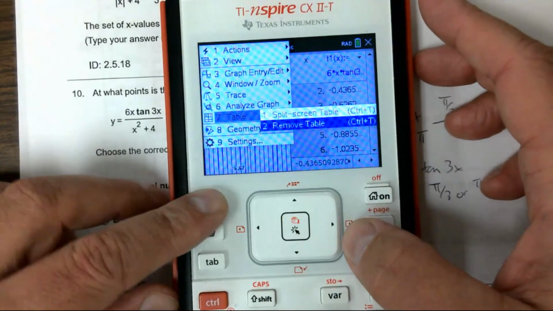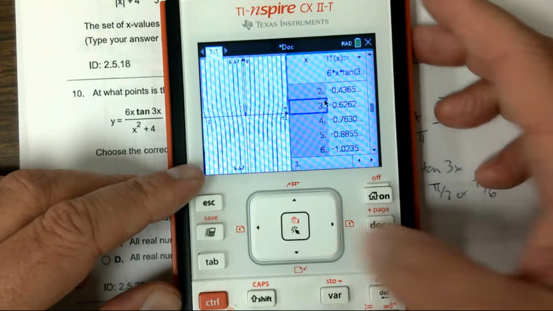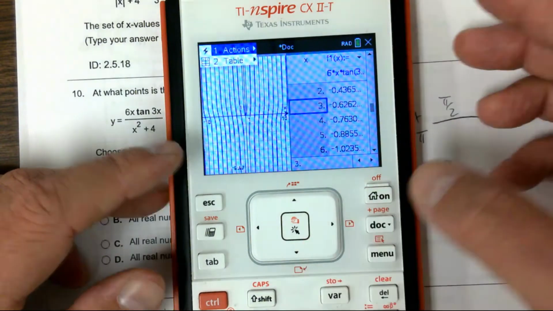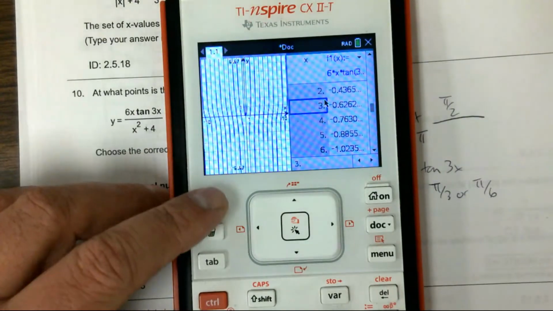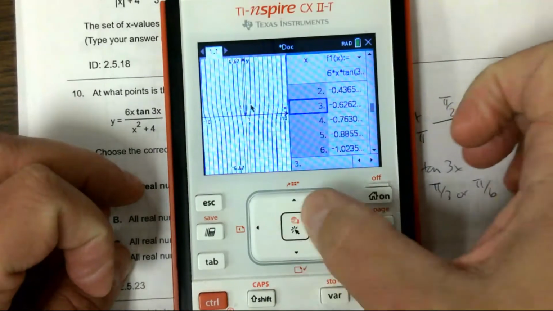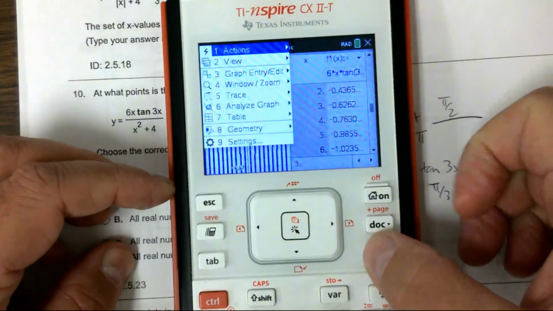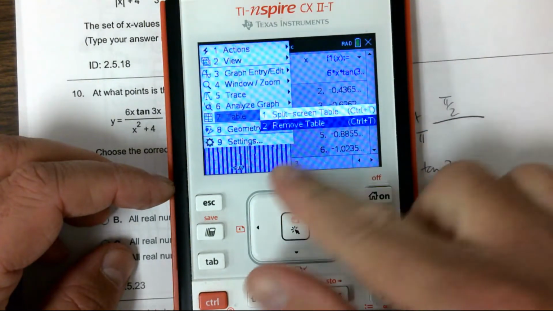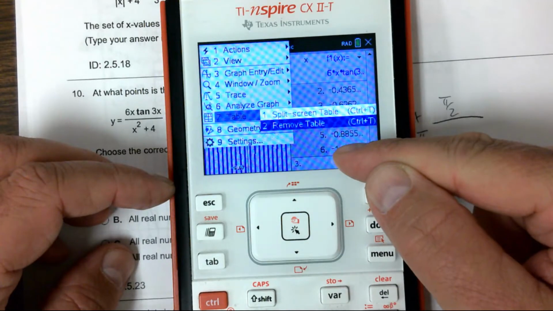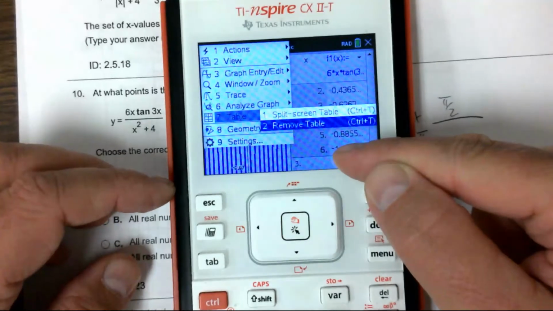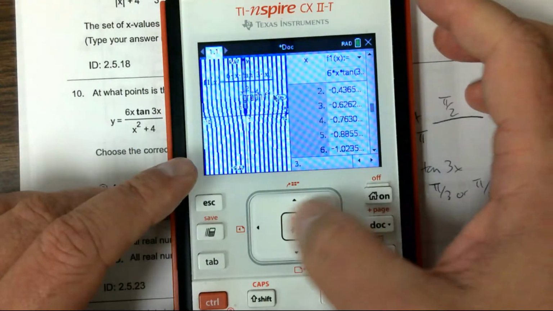I want to go to the table settings. I don't know if y'all caught that or not. Let me go back. If this is your active part of the window, then when you do menu, it says 7, and all it says is split screen or remove, which is no good. Okay, that's if that's the active part. What I want is I want the table to be active.